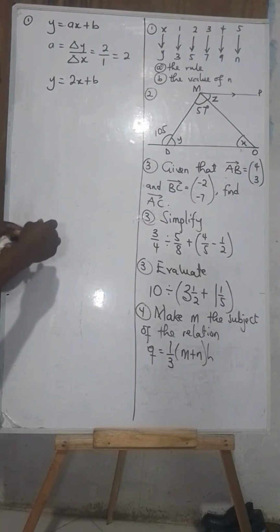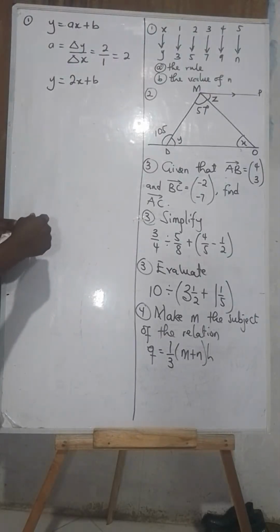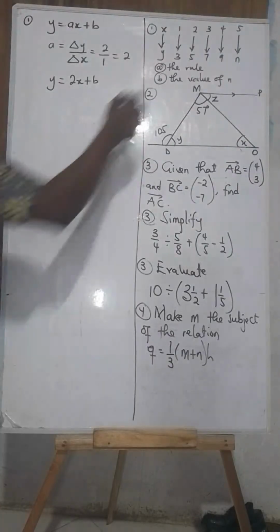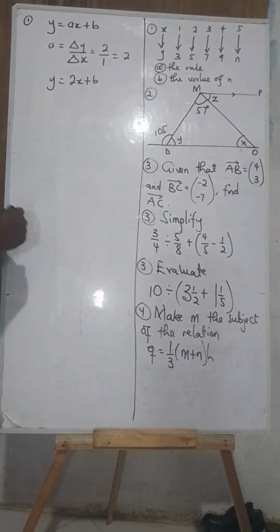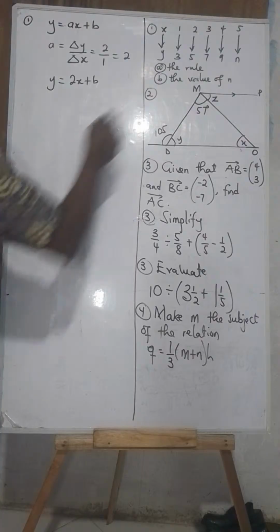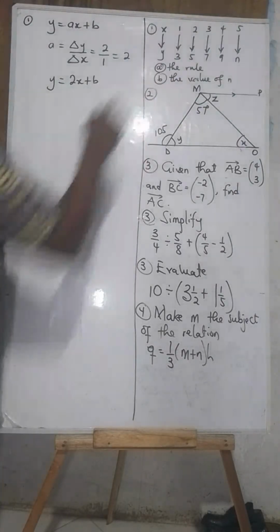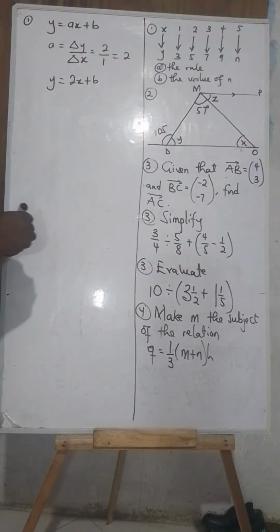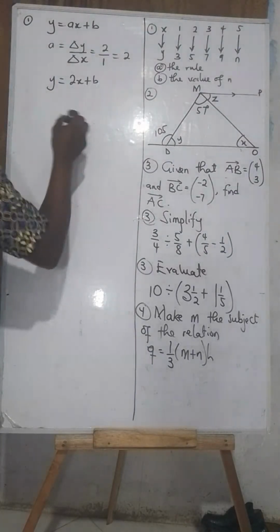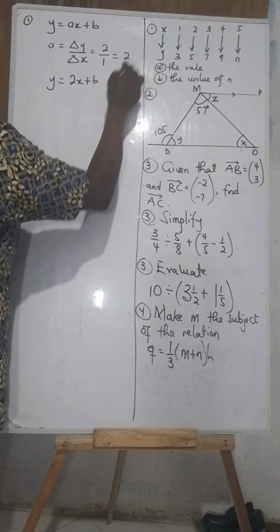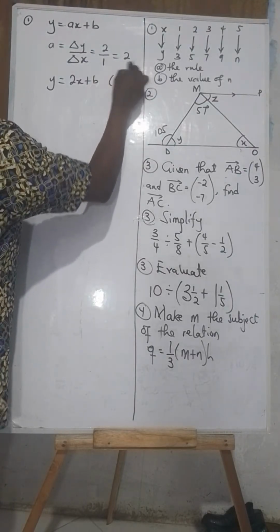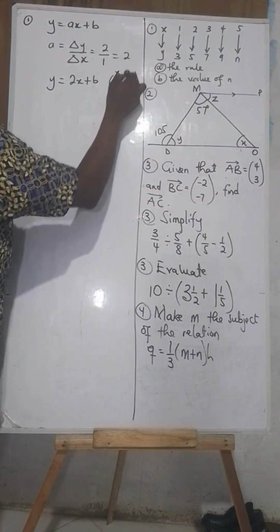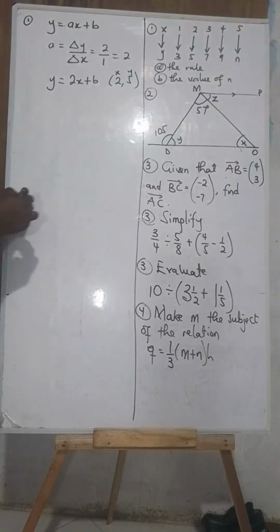With this one, we can find b by picking any coordinates from the mapping. You can pick 1, 3, 2, 5, 3, 7, 4, 9. Any pair of numbers will work. We pick the second one, 2, 5, meaning the 2 is x and the 5 is y.